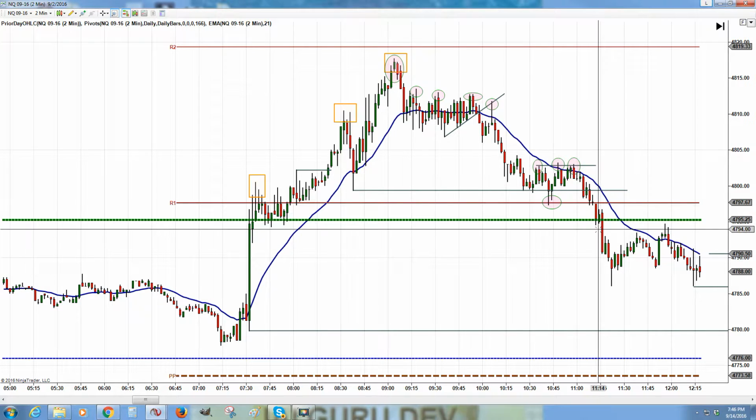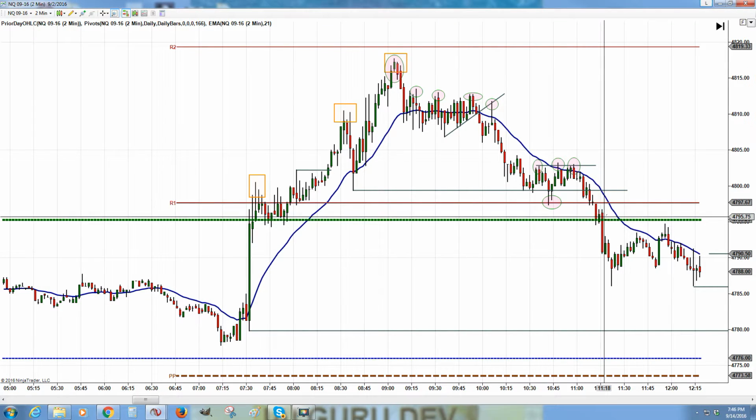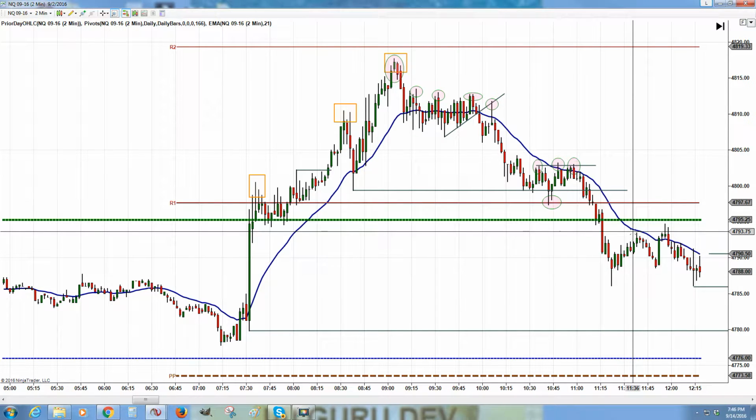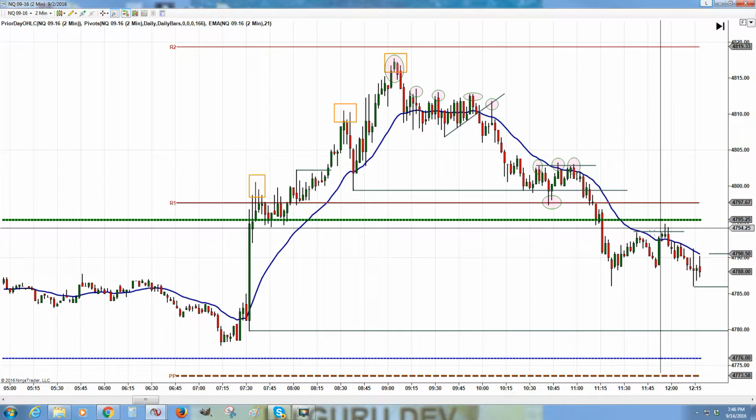Now, they reverse back against the early morning breakout of the previous day high. So now that previous day high is once again a ceiling on top of the price action. So you can be selling approaches to that level. Here you had one that became a shooting star.